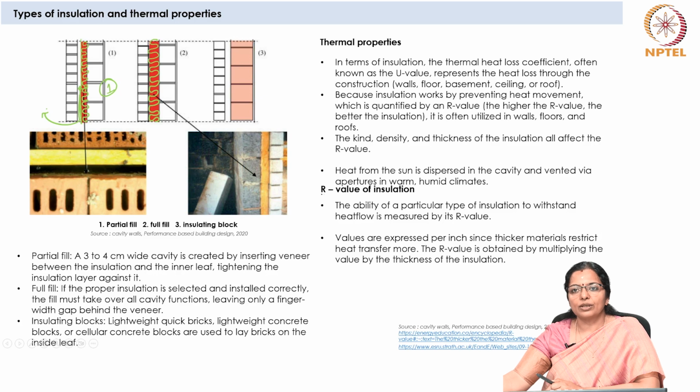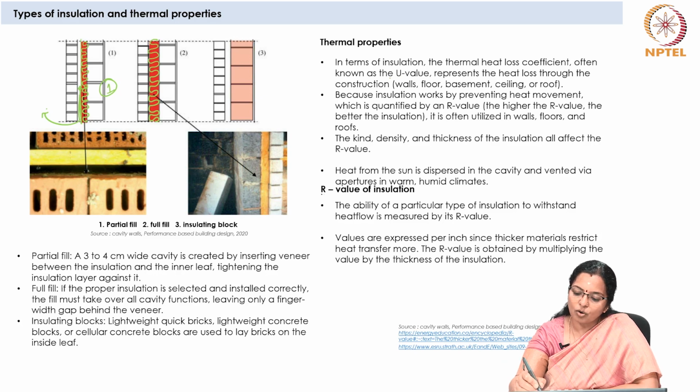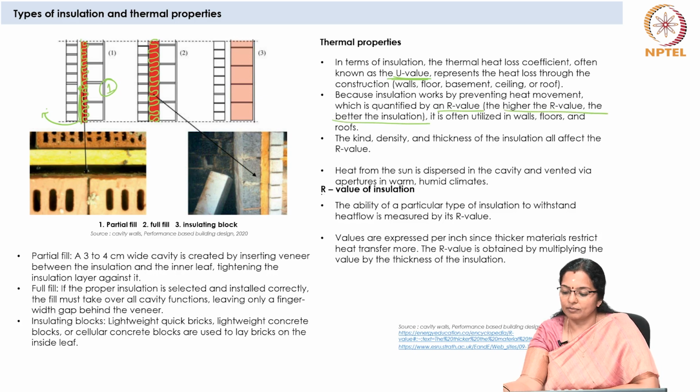In terms of insulation, if we look at the thermal properties, the thermal heat loss coefficient, also known as U value, also known as air-to-air transmittance, represents the heat loss through the construction. Because insulation works by preventing heat movement, which is quantified by R value, the higher the R value, the better the insulation.